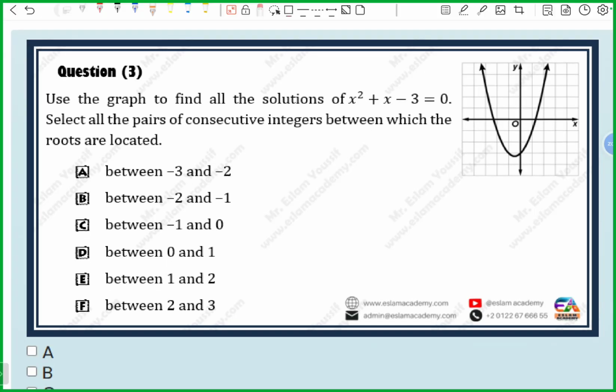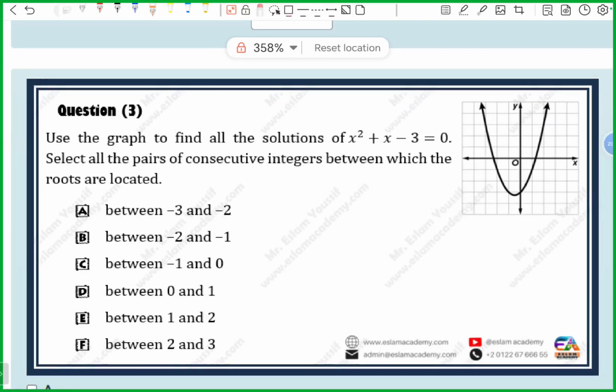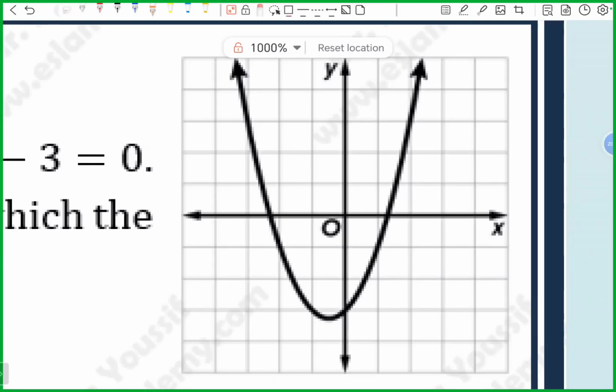To solve this question, we need to find the solution. You know what the meaning of the solution is? It's the x-intercept, where the graph intersects with the x-axis. Can you find the solution exactly where the graph intersects? No. So in this case, we can't identify exactly the solution.